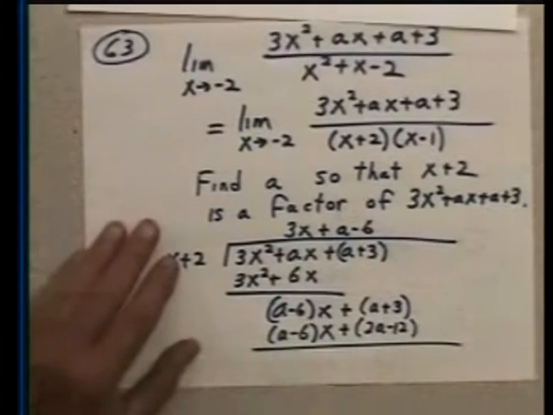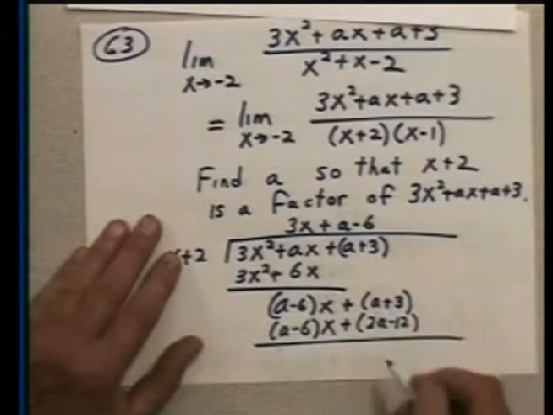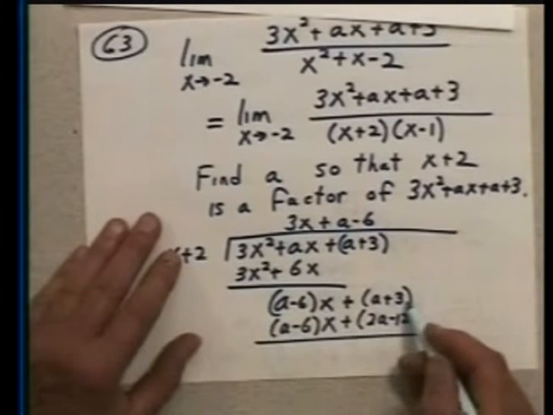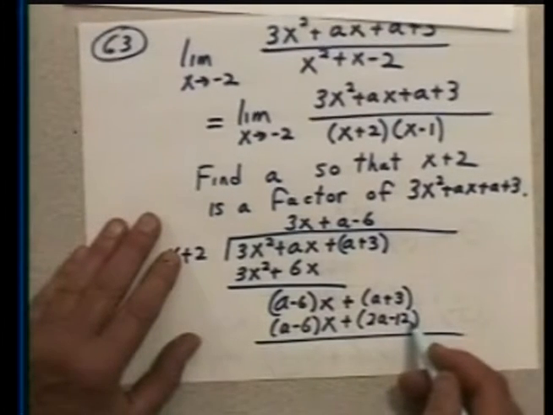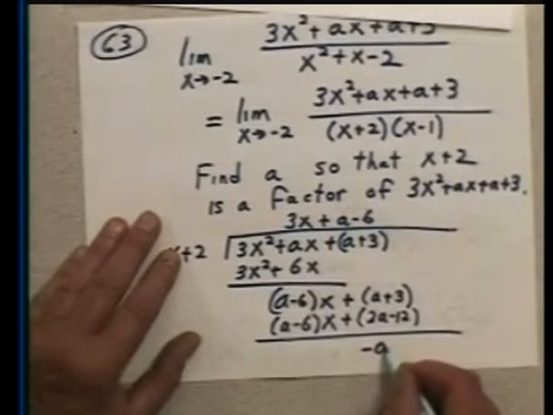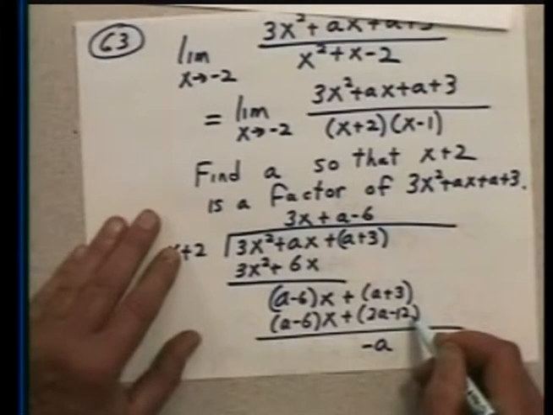Good. Okay, now subtract. What happens when you take a minus 6 times x and subtract a minus 6 times x? 0. All right, now for the big test. What's a plus 3 subtract 2a minus 12? A minus 2a is negative a. 3 subtract negative 12, 15.